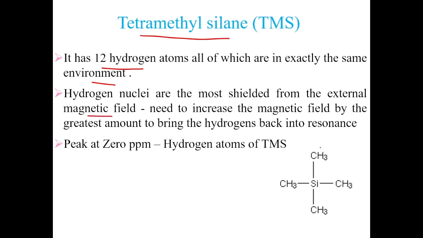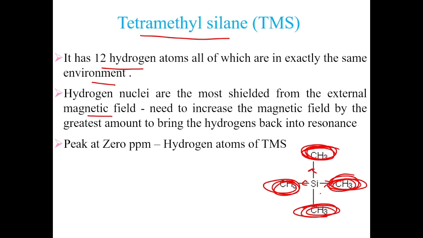Because the electron density is more here, here, here and here. So because it is donating electrons, this will feel the external magnetic field to a lower extent, and then its peak will come at 0 ppm. That I've told you. We need to increase the magnetic field by the greatest amount to bring the hydrogen back to resonance. Peak at 0 ppm, the hydrogen atoms of TMS.